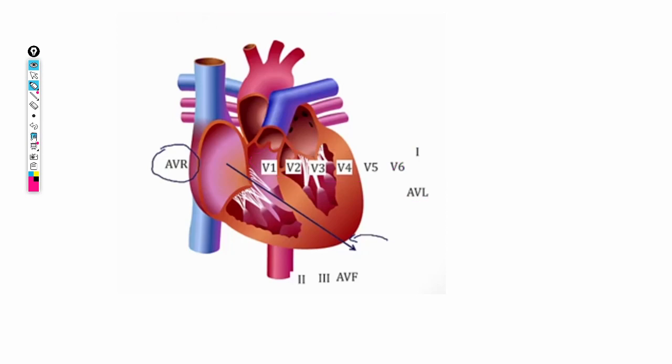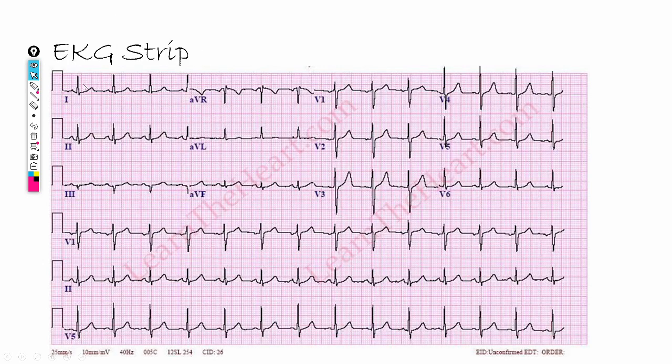Now, let's go back to the EKG script. As you can see, this is lead 2, and I think this is AVR. You see the complex is pointing downwards because it is on the right side of the heart. Therefore, it sees electrical activity move away from it.